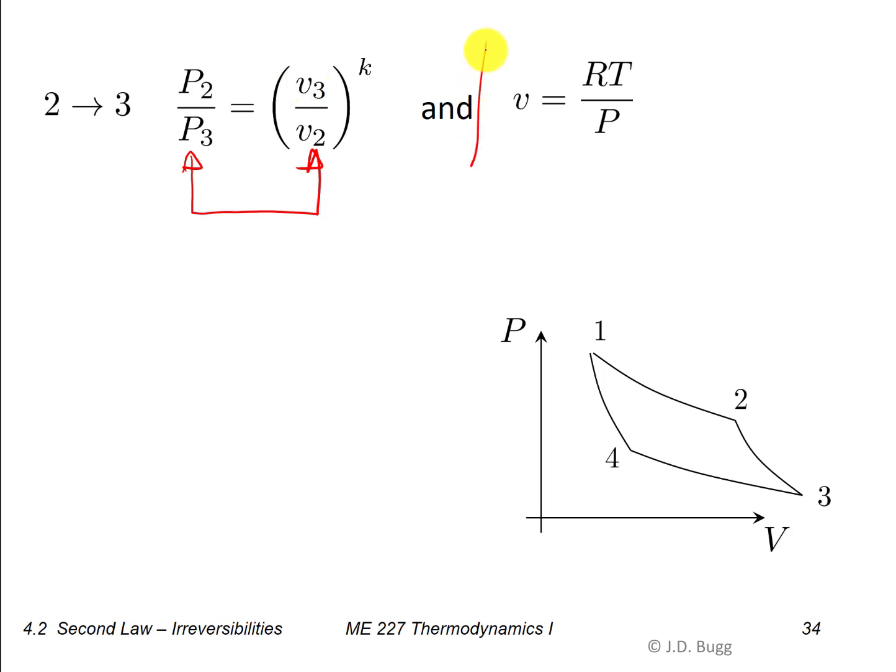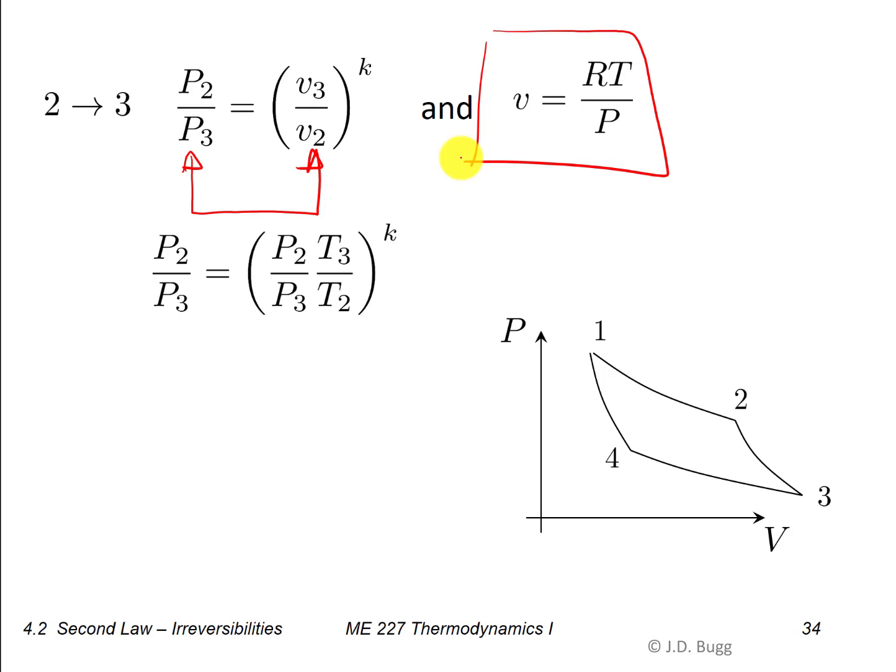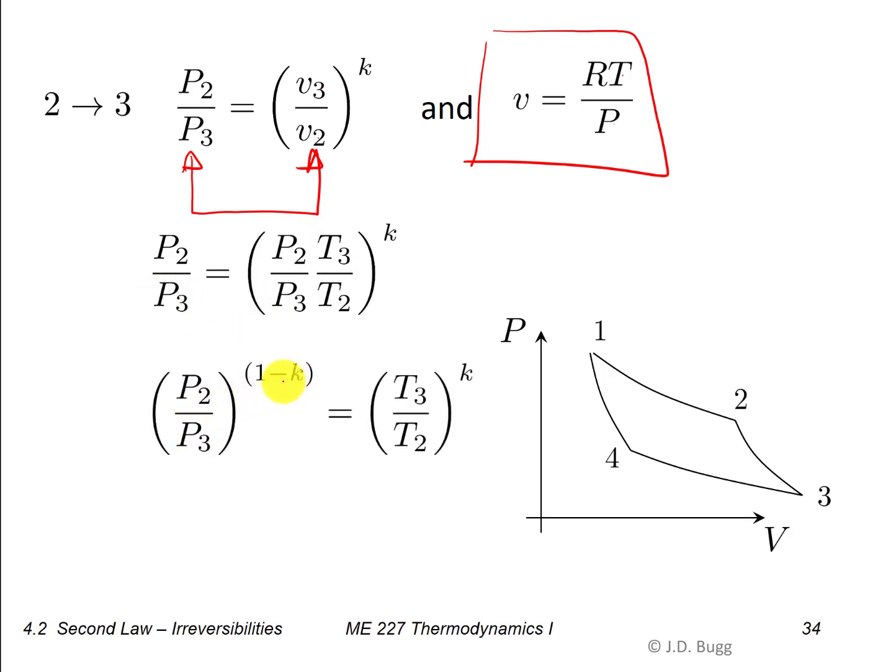So we do that by substituting the ideal gas law into there. So each of these V's is going to be replaced by RT over P. When we do that, the R's cancel, and so this volume ratio becomes P2 over P3 times T3 over T2, all to the K. We take this pressure ratio and move it over to here, and we get P2 over P3 to the 1 minus K equals T3 over T2 to the K.